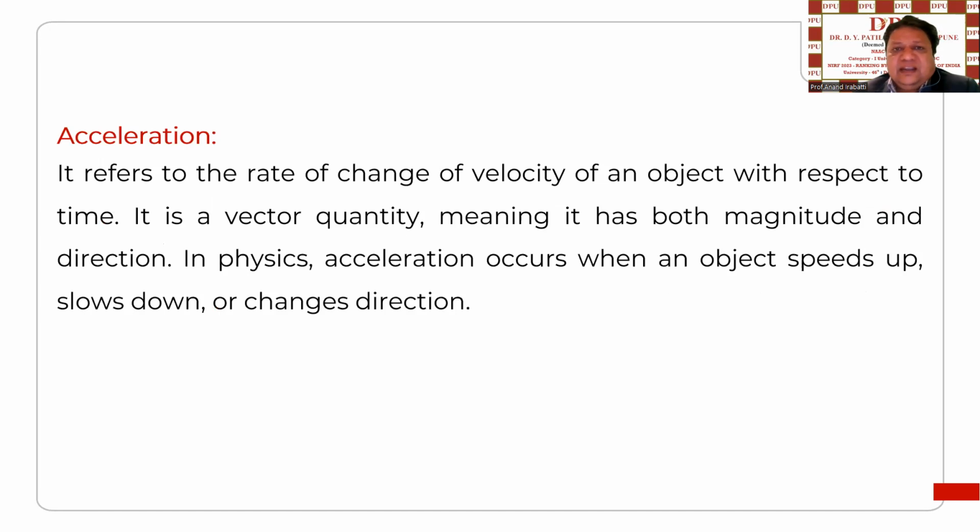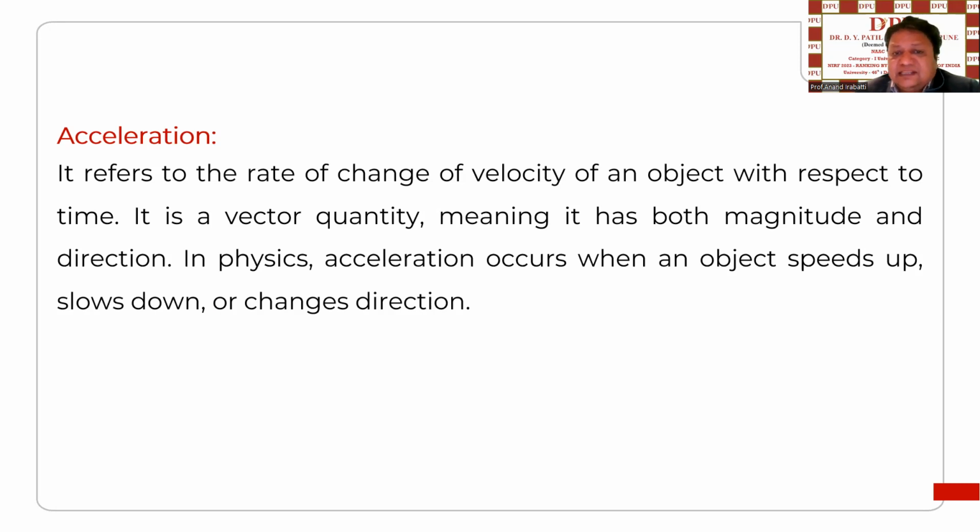The next point that you need to understand when you are developing a game is acceleration. Acceleration refers to the change of velocity of an object with respect to time. It is a vector quantity, meaning it has both magnitude and direction.